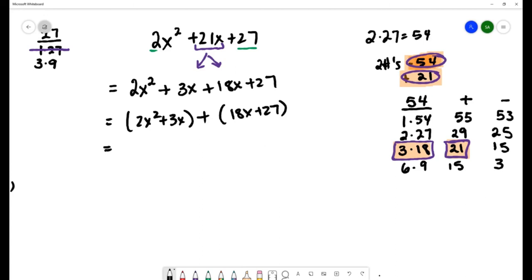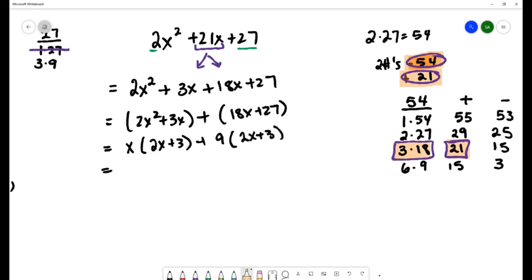So for the first group, 2x squared plus 3x has a greatest common factor of x. That leaves you with 2x plus 3. And for the second group, 18x plus 27 has a common factor of 9, and that will leave you with 2x plus 3.